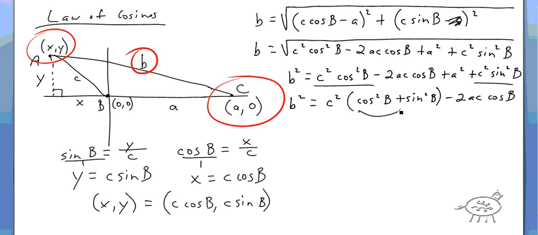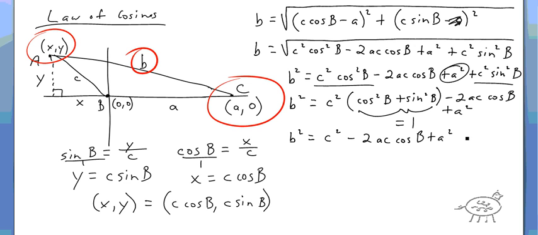And if you recognize this identity, sine squared plus cosine squared equals 1. So that cancels out, and I wind up getting b squared equals c squared minus 2ac cosine of b. I forgot this little a squared here, plus a squared. Forgot that in there. So c squared minus 2ac cosine of b plus a squared.